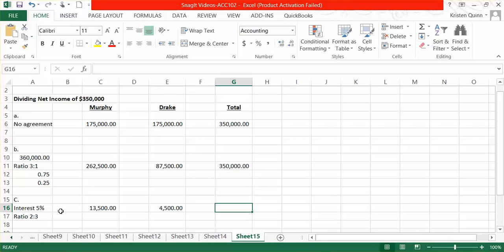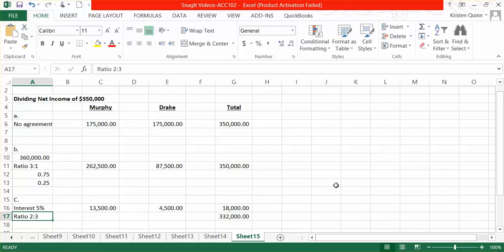So in step number 1, in total, if we add the two together, we have distributed $18,000 out of the $350,000 that we need to distribute. So we have a remainder left over, $350,000 minus what we've already distributed of that $18,000. We need to distribute another $332,000 in total in a ratio of 2 to 3.